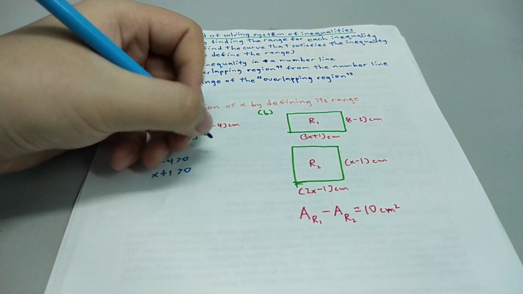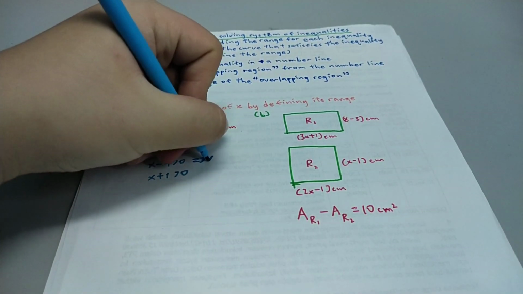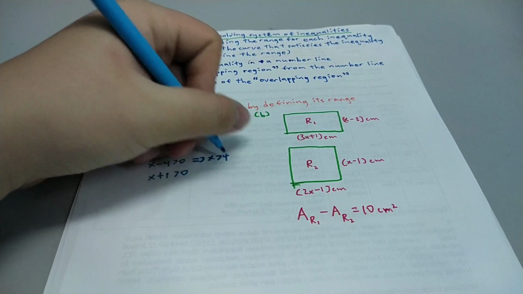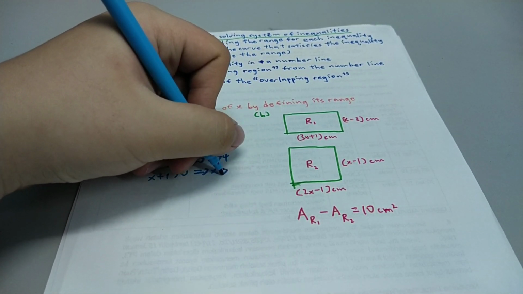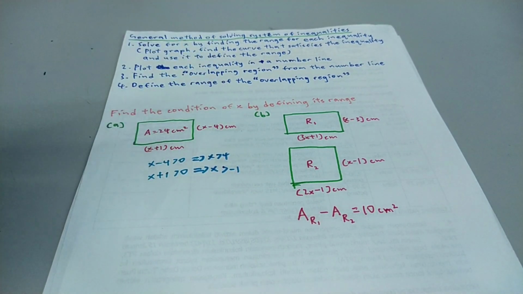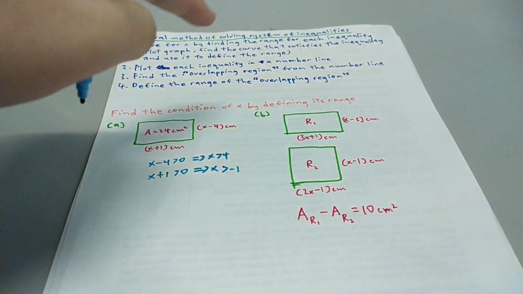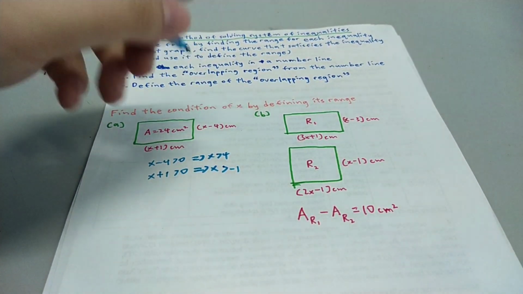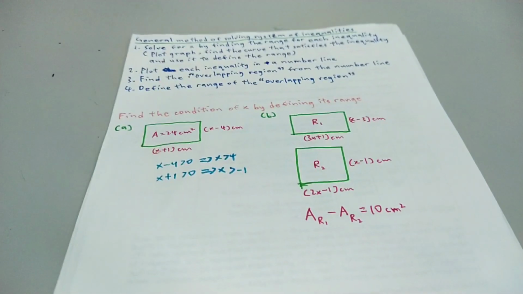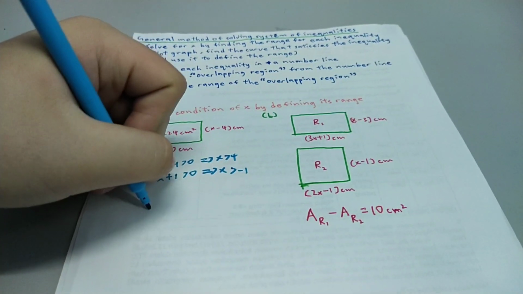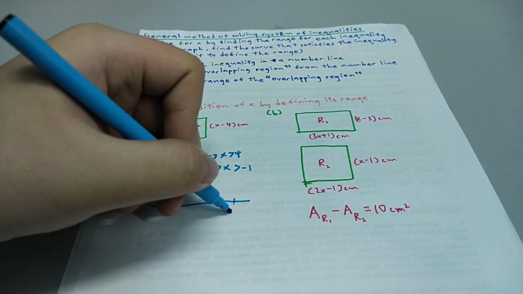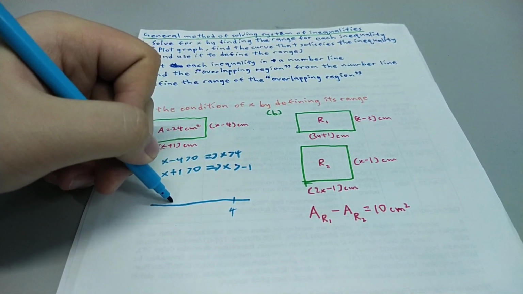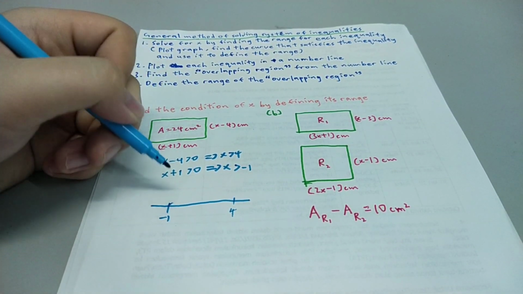So for this inequality, we will get x is bigger than 4, and for this x is bigger than -1. The second step is plot each inequality in a number line. So in a number line now. When we plot this number line, x must be bigger than 4, so let's say here is 4, and x must be bigger than -1.